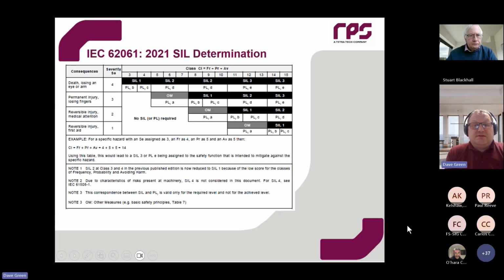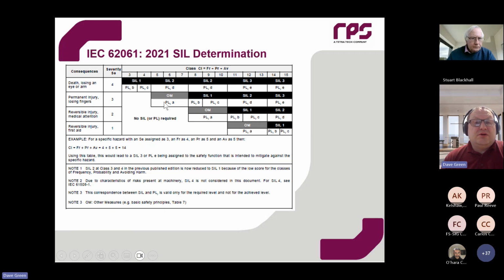Here's that SIL determination table. This is taken straight out of the 2021 edition of the standard. Previously, we only had the dark lines that told us the SIL values, OM being ordinary measures, I think it is. So it's basically less than SIL 1, and as the process sector would call it, a low integrity safety function.